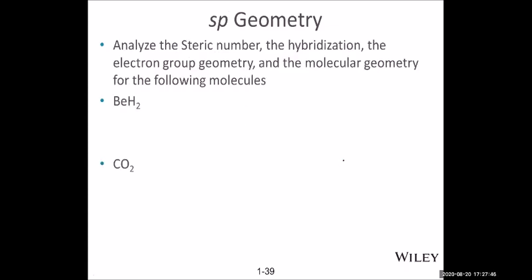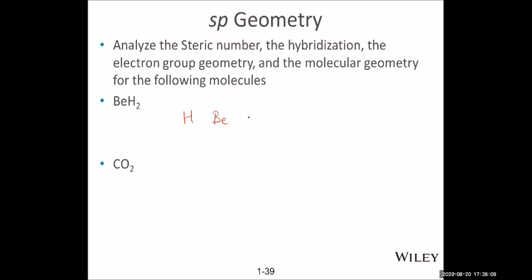And sp hybridization involves 2 electron groups on the central atom. For example, we have beryllium hydride. Beryllium is a group 2 element and has only 2 valence electrons.